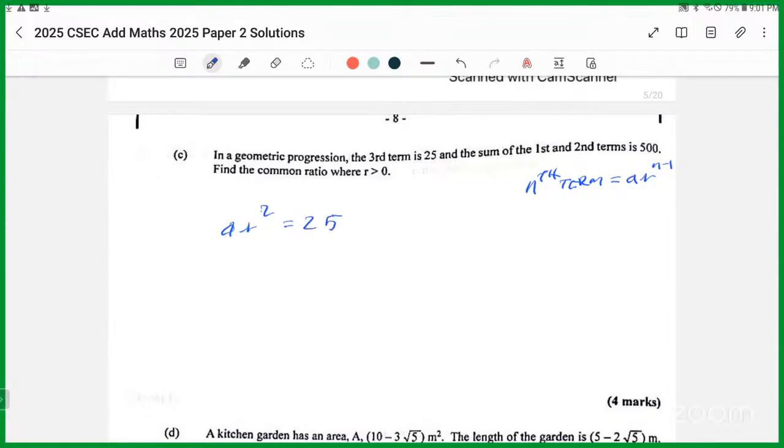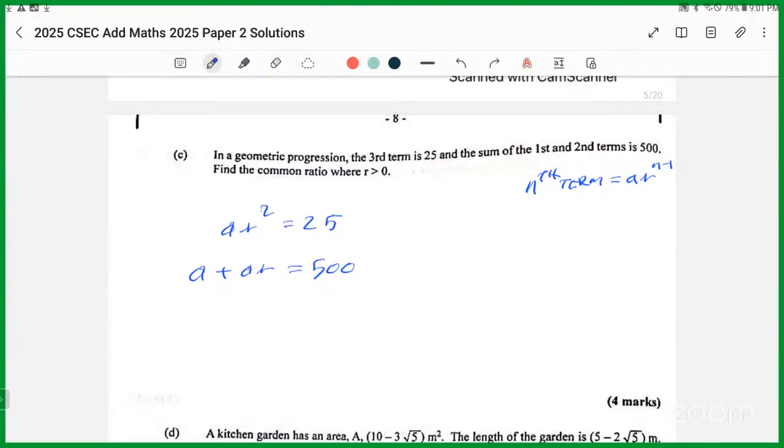And the sum of the first and the second term is 500. Now, the first term is A, the second term is AR. It's telling us that A plus AR is equal to 500. They're asking us to find a common ratio R which is greater than 0.